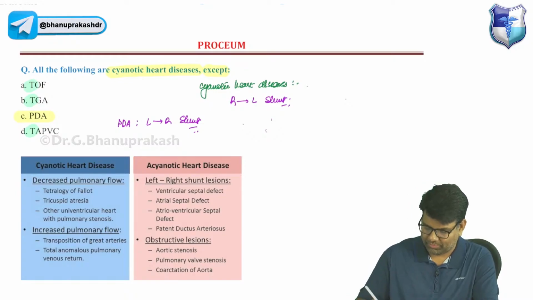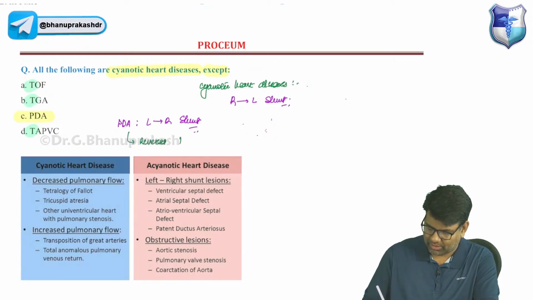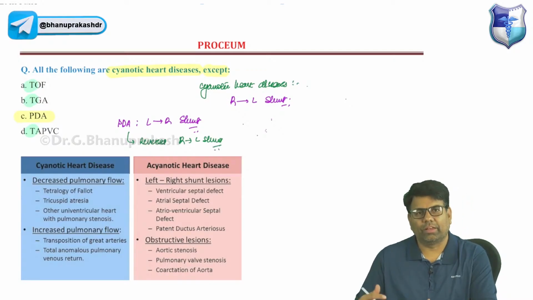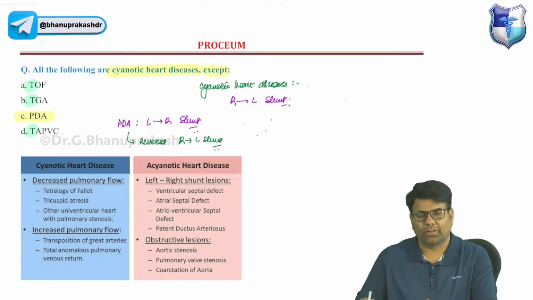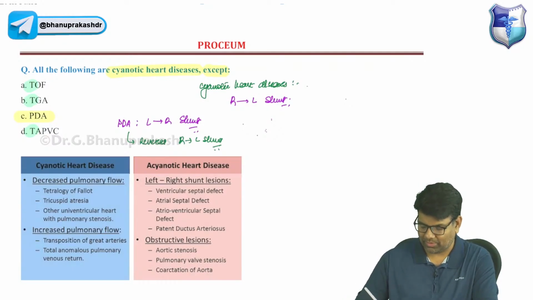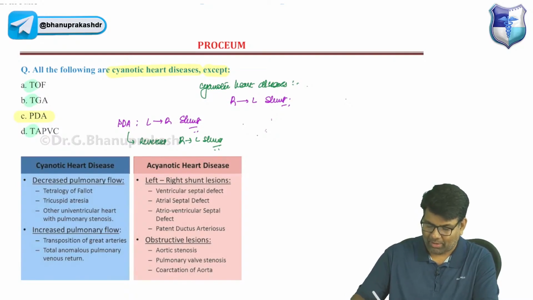is prolonged, then maybe at a later date it becomes reversed and then it becomes a right to left shunt, right? So whenever there is increase in the pulmonary pressure, that is pulmonary hypertension, it can lead to reversal of the shunt, and that is known as reversal of PDA or the reversal of shunt, and in that case it becomes right to left shunt and patient will develop cyanosis.